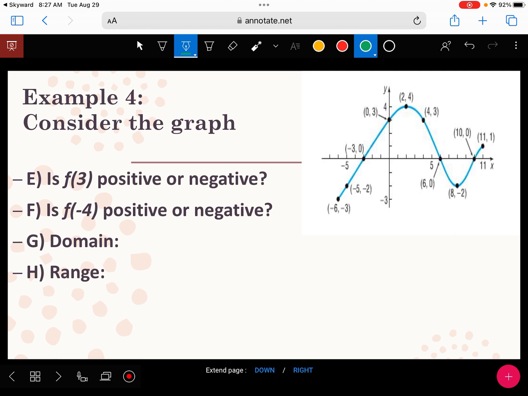So when X equals 3, X equals 3 is right here. Be about right here, right in between. Is Y positive or negative at that point where I have my pointer? Positive, so that's a positive. I'm just going to write positive or circle positive.